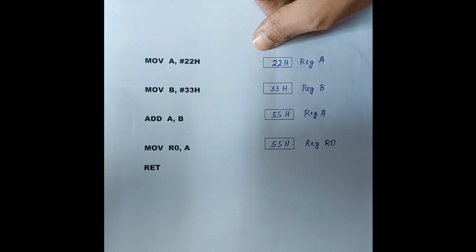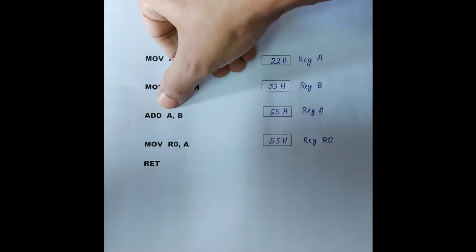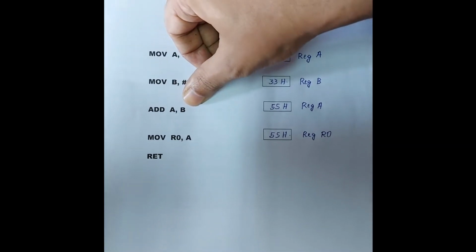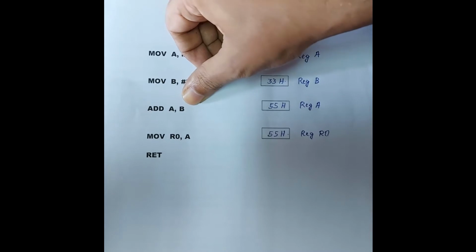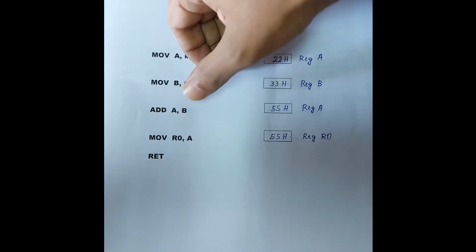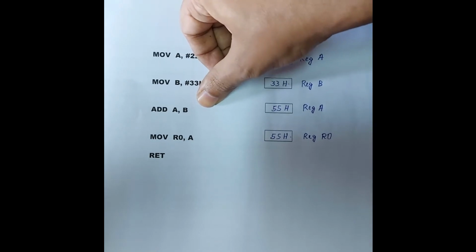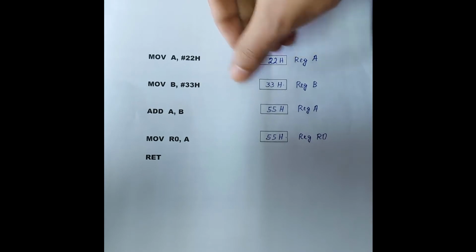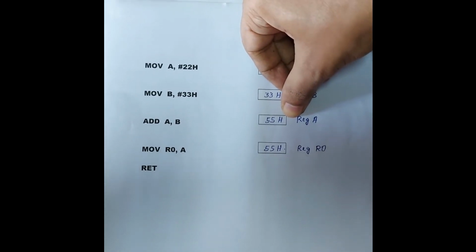We are giving the instruction ADD A, B. So this instruction will add the content of A with the content of B, and the result will be stored in the register A. So as the data are very small, we can see that 33 plus 22 will be equal to 55, and 55 will be stored in register A.